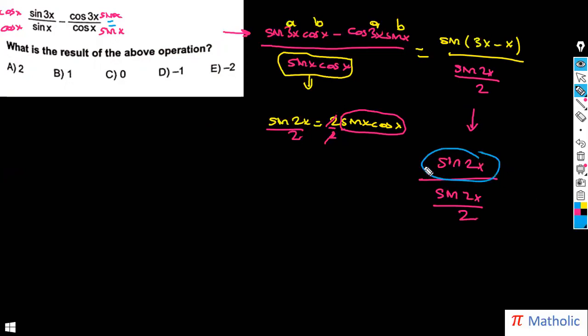Keep the first fraction the same as it is, and flip the second one. This is multiplication. So the answer will be 2. Yes. If no questions, let's continue.